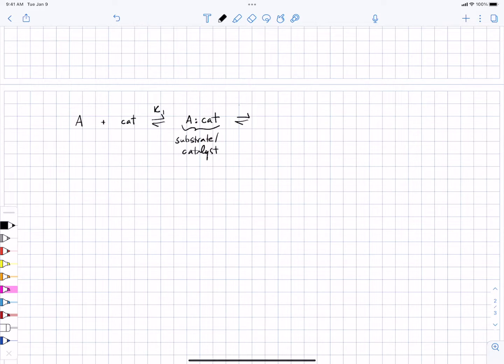Then there's some equilibrium constant related to conversion of the substrate catalyst complex into a product catalyst complex, meaning that the catalyst is binding the product, and then you have some equilibrium constant K3 that involves dissociation of the product catalyst complex to release product and to free up catalyst, and then you can go through a cycle again, right?